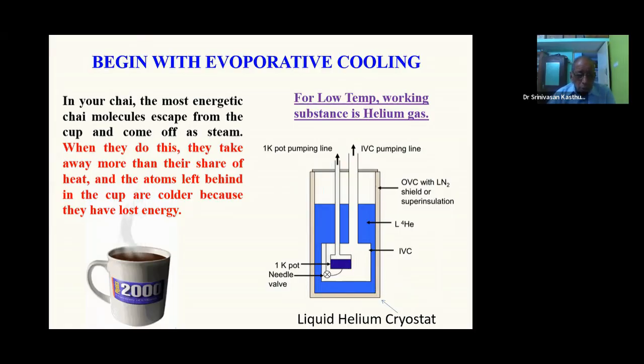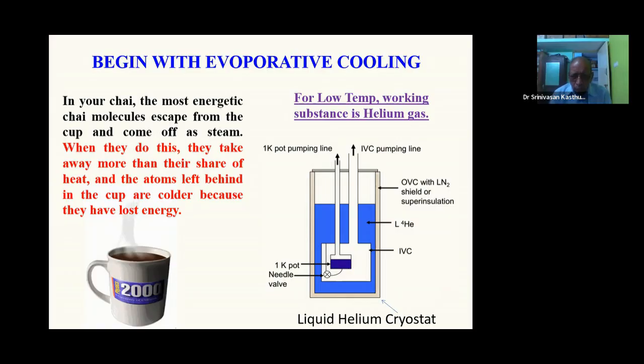So if you do this process much more rapidly, not just allowing it to escape, but using an external pumping system to evaporate much more rapidly, then you lose a lot more energy from your tea cup, and the tea becomes pretty cold. Okay. This is exactly what happens in what is called evaporative cooling or induced evaporation.